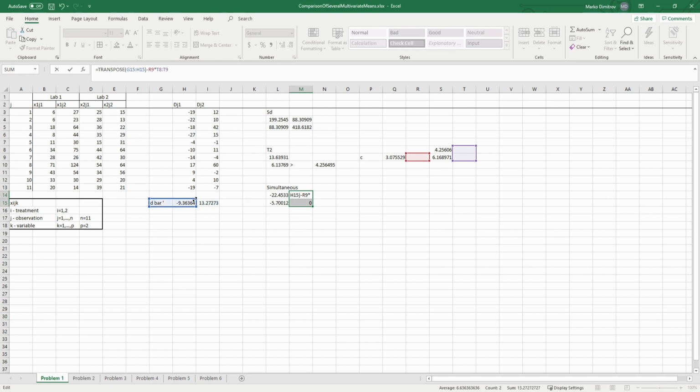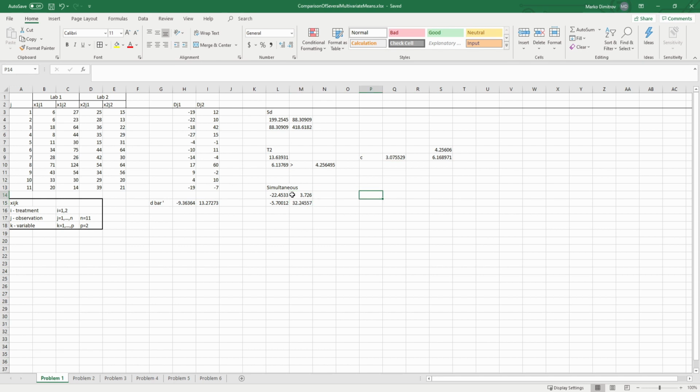I misclicked, but we said plus. So this is what we get. Those are our simultaneous intervals. Let's compute Bonferroni, and then we will mention what happens.